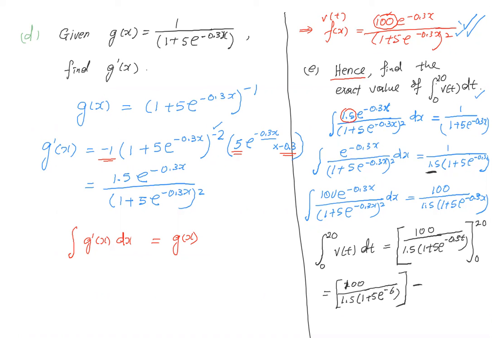Okay, so I start with 0. Sorry for talking too much. Okay, start with 0. So I put 100 over 1.5, open bracket, 1 plus 5e to the power of 0. Okay, so this part, 100 divided by 1.5, what do you get?